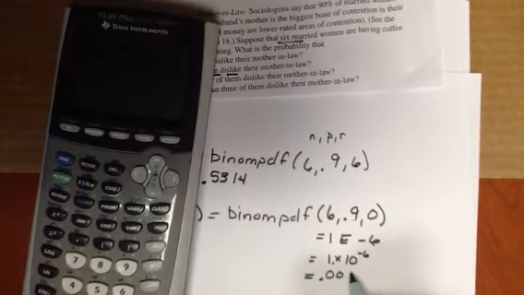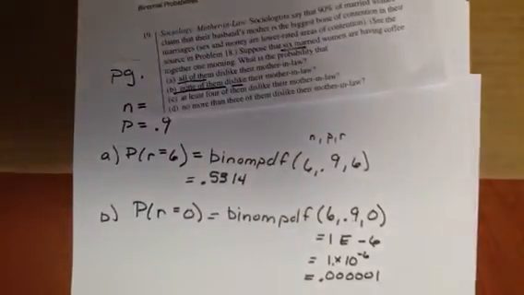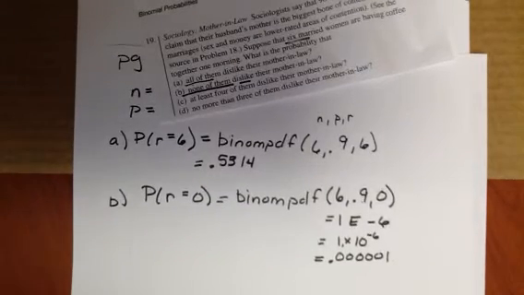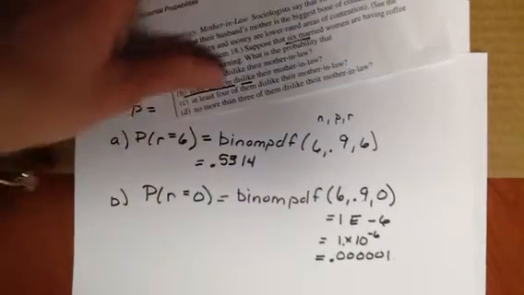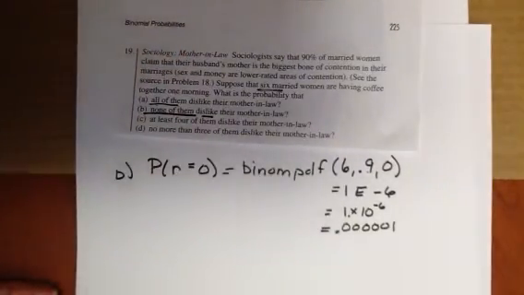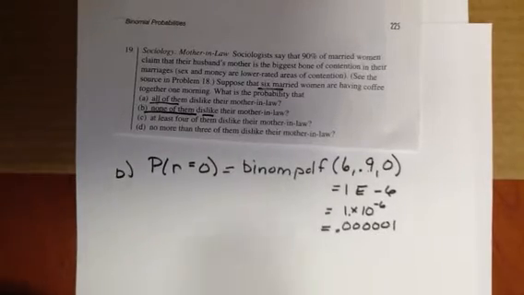So it's 0.0000, 1, 2, 3, 4, 5. 5 zeros, right? 1, 2, 3, 4, 5, 6. So when you show your answer for me, I want you to show all of the zeros up to the first non-zero digit on these. Okay? All right, so very unlikely that none of them dislike their mother-in-law because there's a 0.000001 probability.